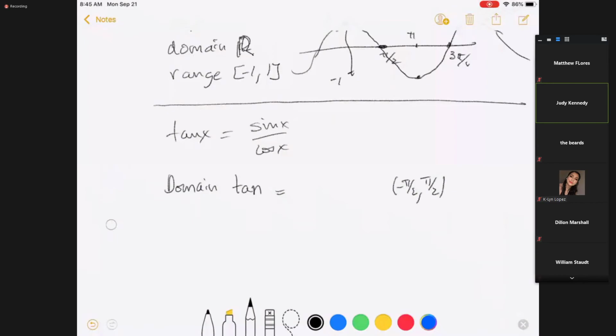Cosine of -pi/2 is 0, so tangent's not defined there. So you have vertical asymptotes at all the odd multiples of pi/2, and then it goes on in the other direction too, -3 pi/2 to -pi/2, and keeps going. And the range of the tangent is all the reals.